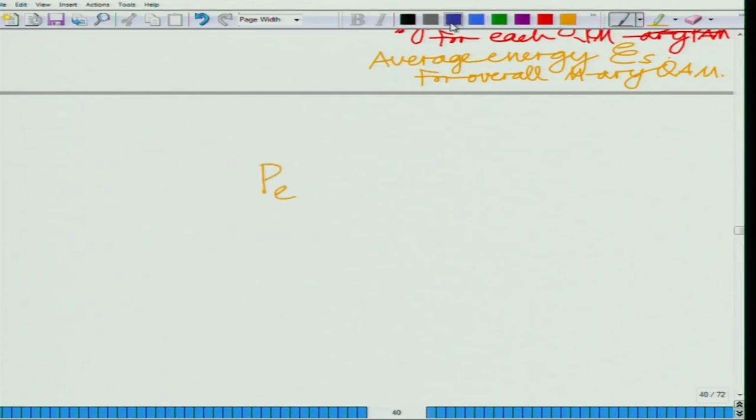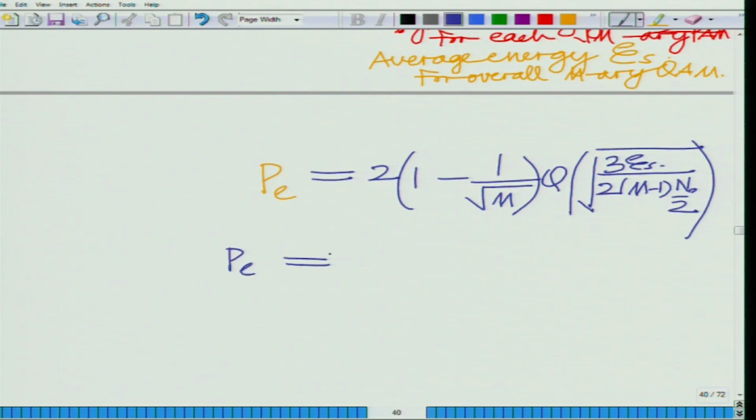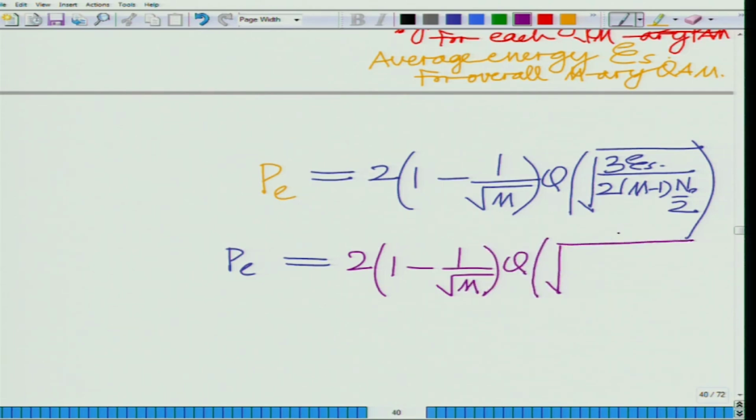So, PE, we have a beautiful result, PE is twice 1 minus 1 over square root of M, Q of, substitute the value of A, which is square root of 3 Es by 2(M minus 1), divided by square root of N0 by 2, which is equal to PE twice 1 minus 1 over square root of M, Q of square root of 3 Es by N0 into (M minus 1).